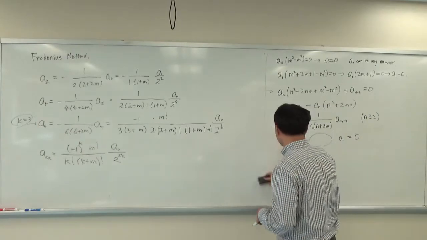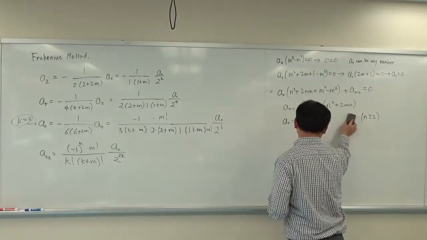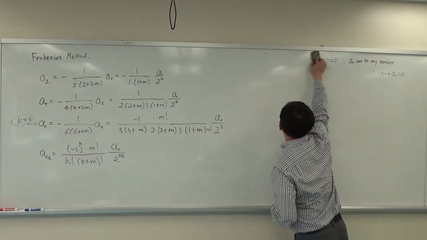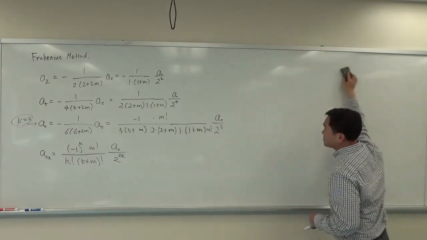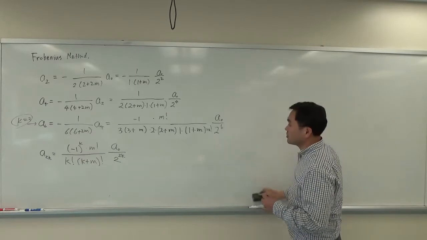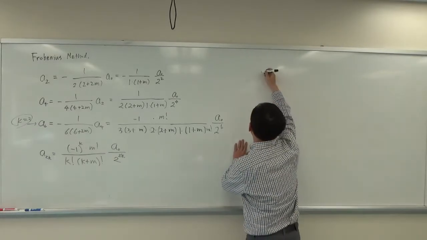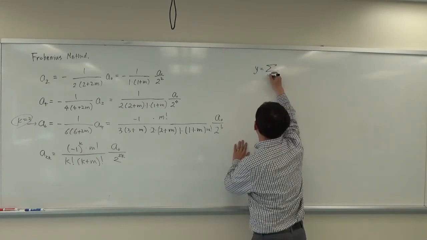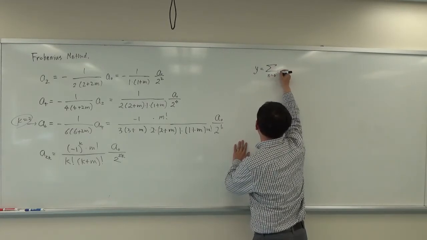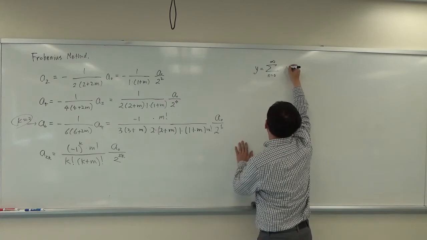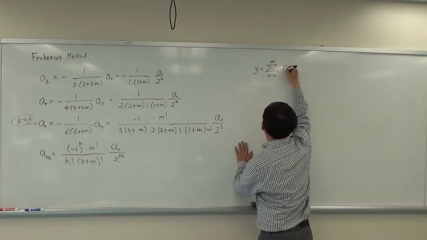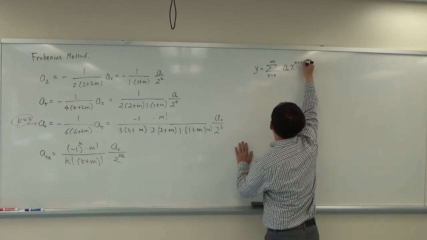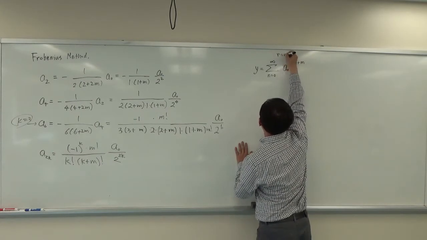Okay, so now let's write down what the solution is. So the actual solution is, remember we have y equals the summation n equals 0 to infinity of an x to the n plus r, but right now r is m, right?